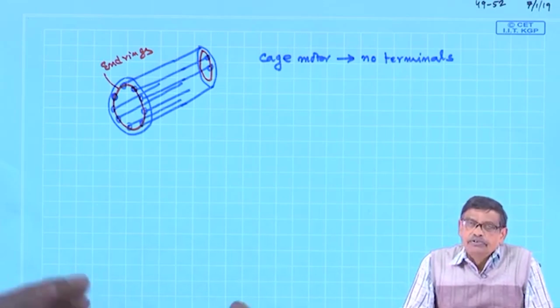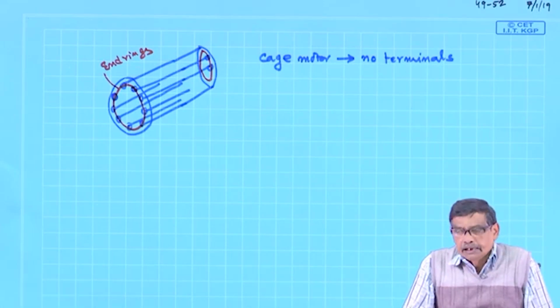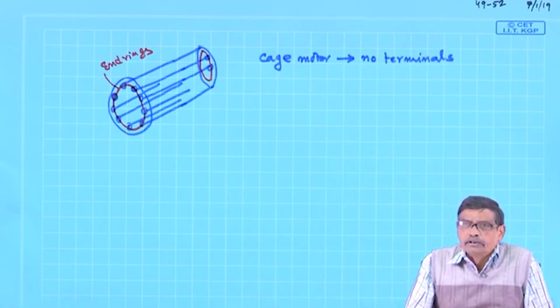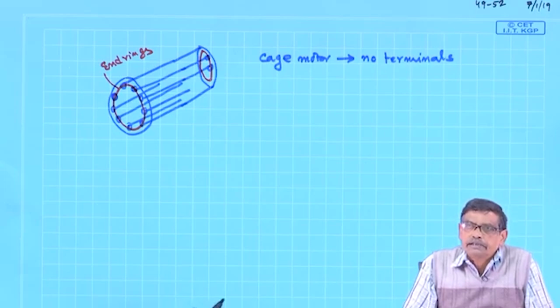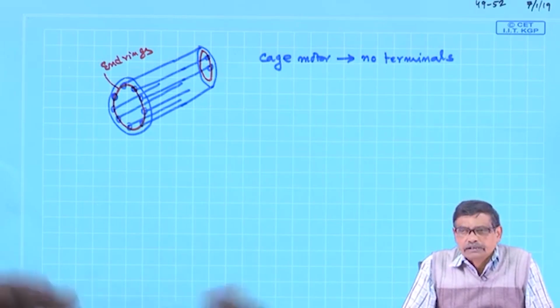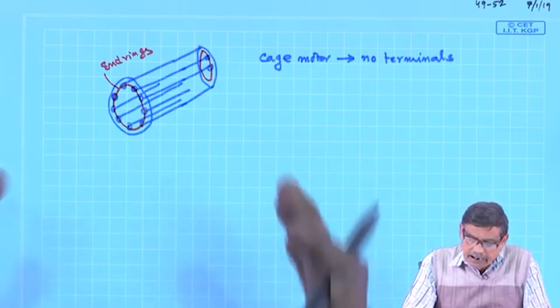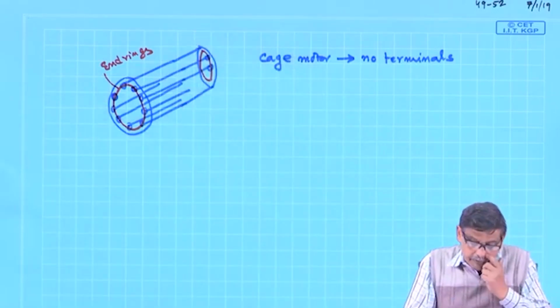Physically, looking at a given induction motor, if you remove the end cover, you will find in slip ring type induction motors there are 3 slip rings and 3 brushes, but in cage type induction motor nothing is available, only the rotor, and at both ends it is shorted.